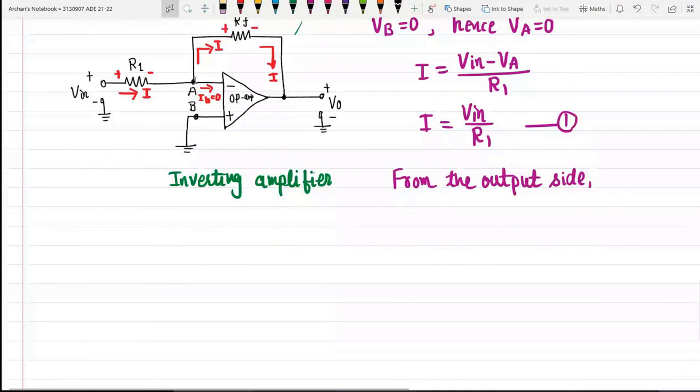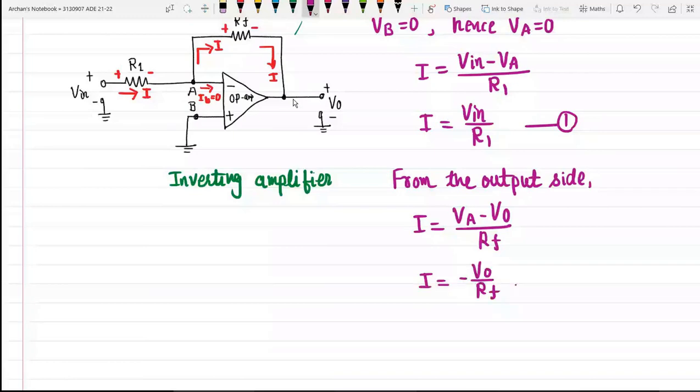So I is equal to VA minus V0 divided by RF. But what is VA? VA is equal to 0, so I will be equal to minus V0 by RF.